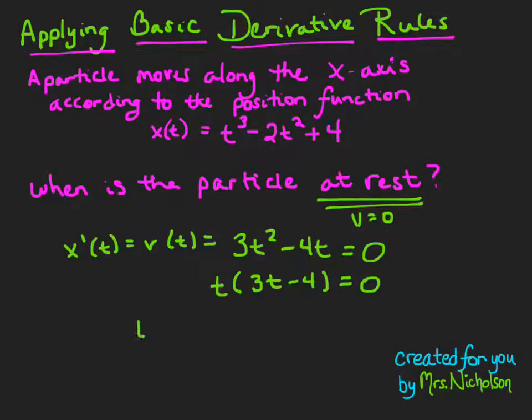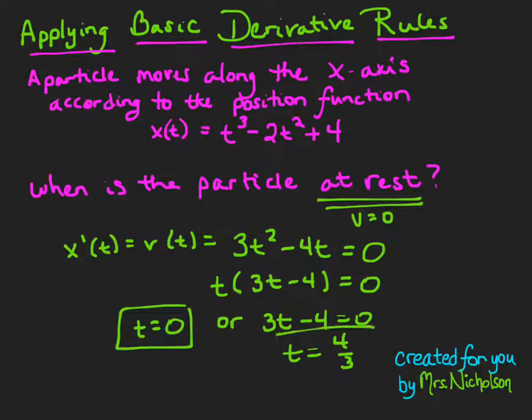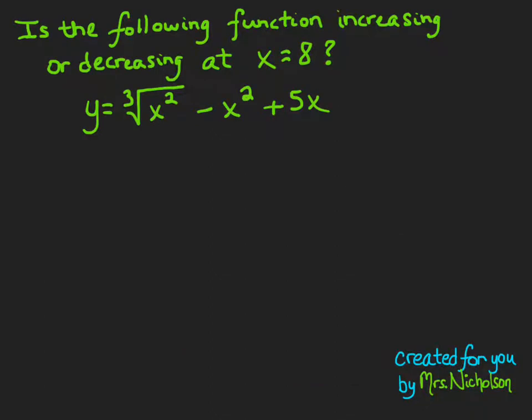Now that I'm factored, I know that t equals 0, or 3t minus 4 equals 0, and t would be equal to 4/3. And so that means that my particle is at rest whenever t equals 0, or when t equals 4/3. All right, let's move on and look at a different type of question.